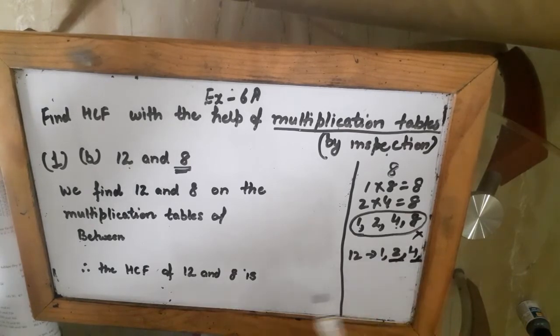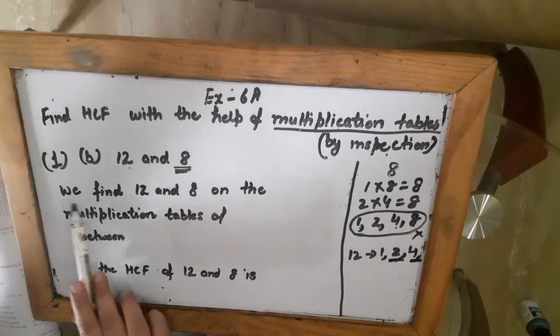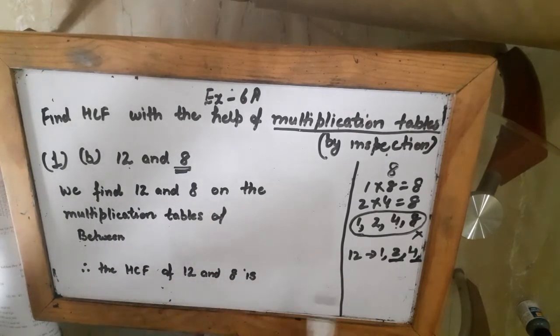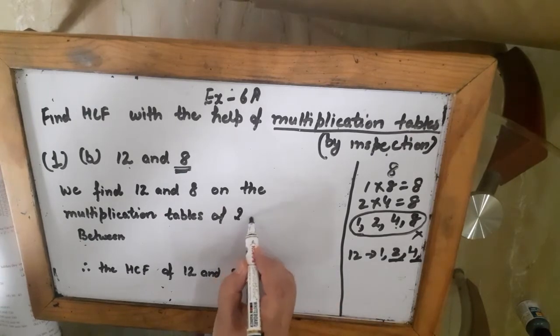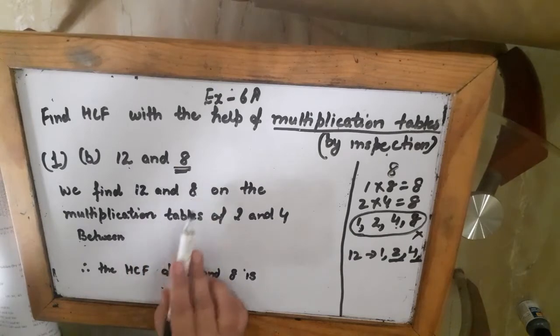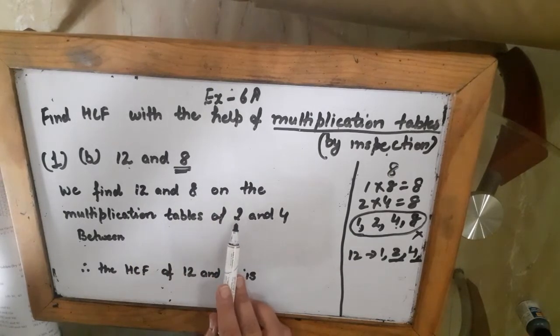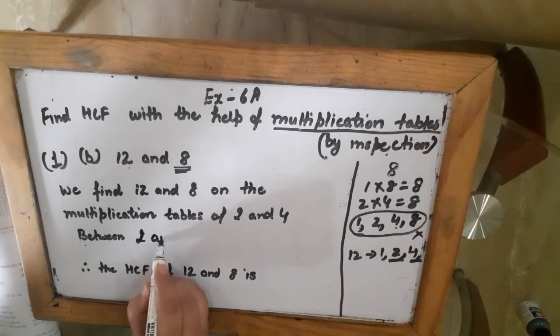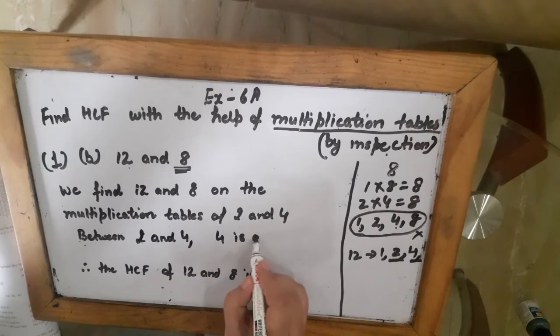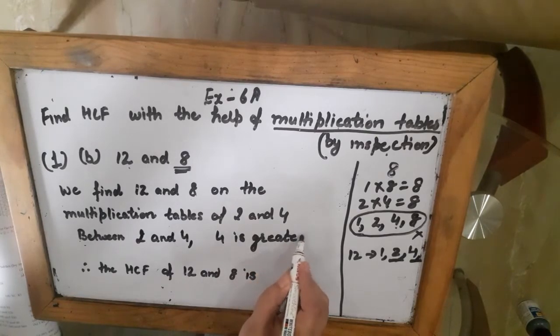So what are the common factors? 2 and 4. So we can say we find 12 and 8 on the multiplication tables of what? 2 and 4. So 12 and 8 both we get on the multiplication table of 2 and 4 only. And between 2 and 4, which is greater? 4 is greater because I want the highest factor.